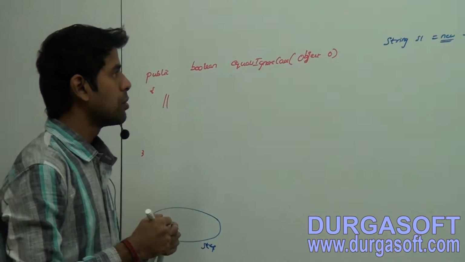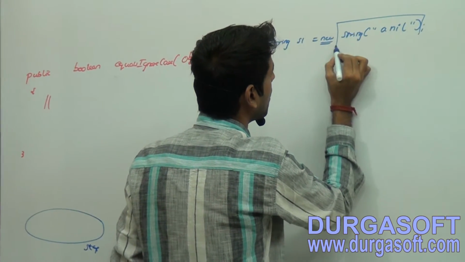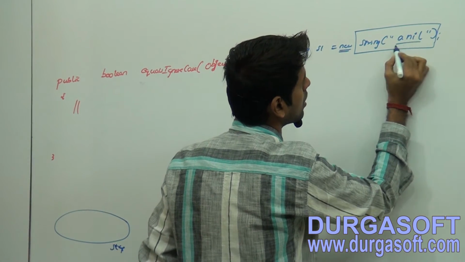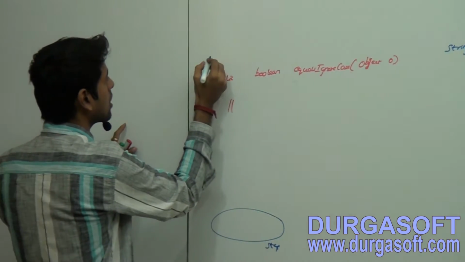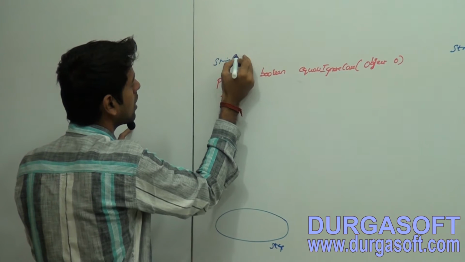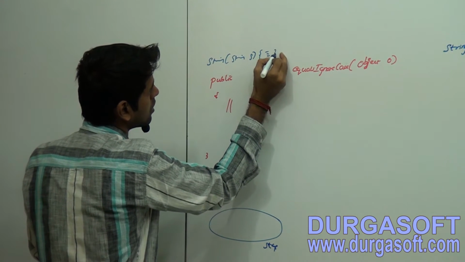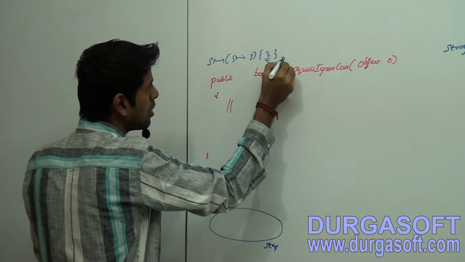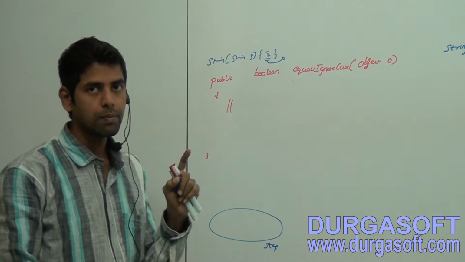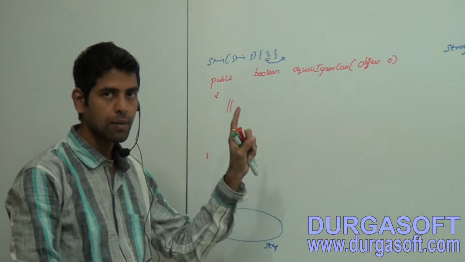Now, because of the String constructor having an argument as a string, it will execute the String class constructor having an argument as a String. What is the logic available within this constructor?